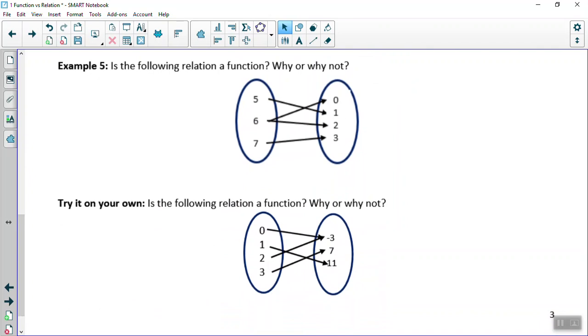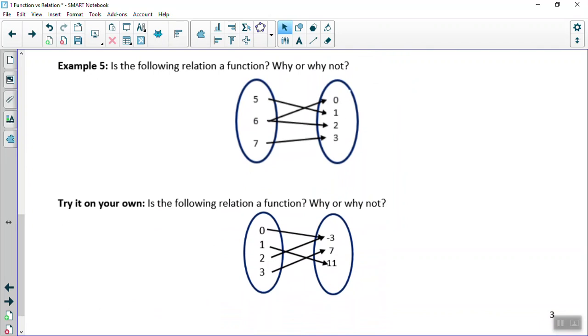All right, so if we want to determine if this is a function or not, we have to look at these x values here. Remember we said that x values can't repeat, or the definition was each x value is paired with only one y value. When I look at each of these x values, 5 is paired with just the 1. 6 is paired with 0 and with 2.